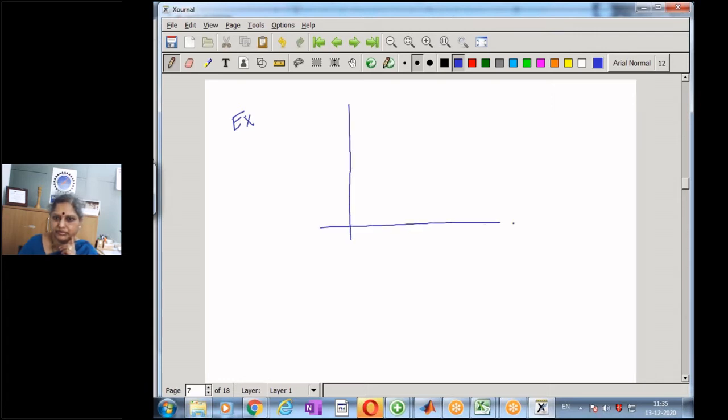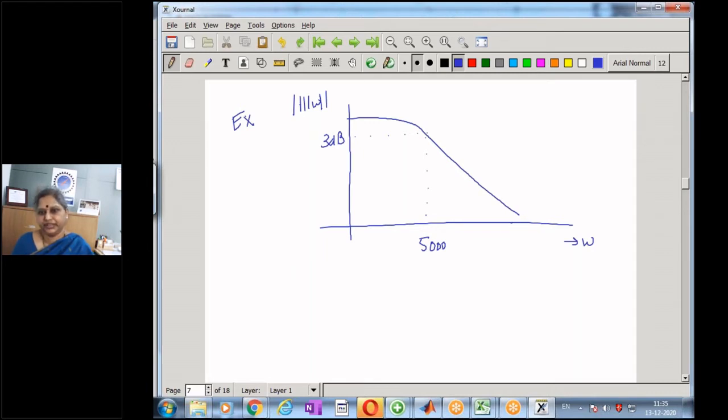Consider a low pass filter, and say my mod H of omega is 3 dB at 5,000, and at 50,000 I want the attenuation to be at least 55 dB.